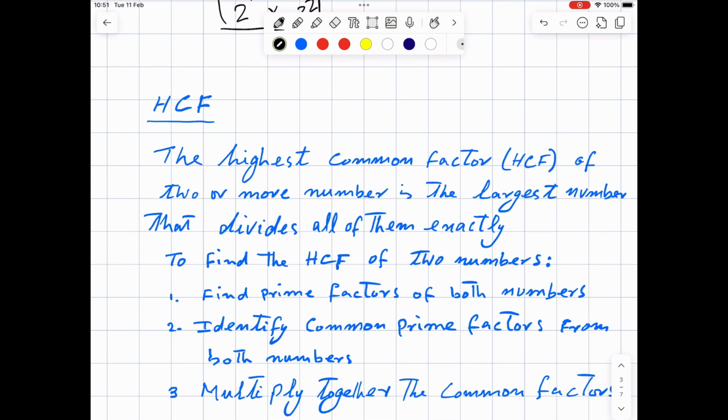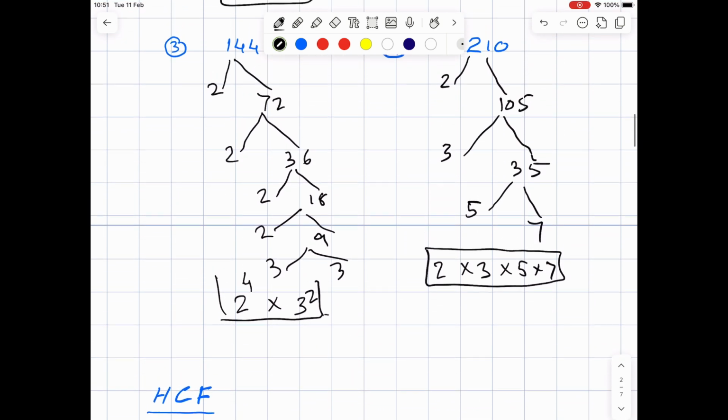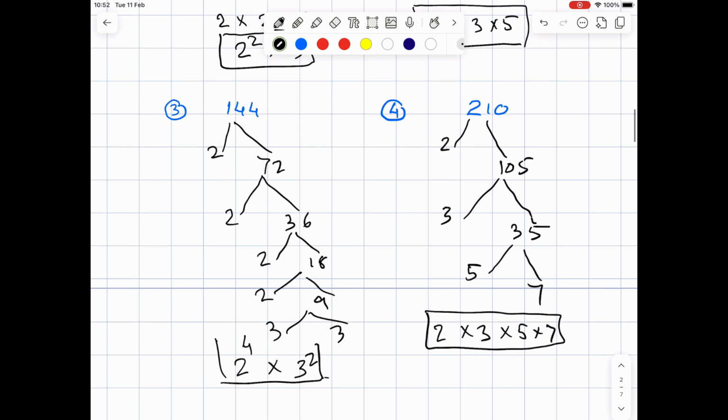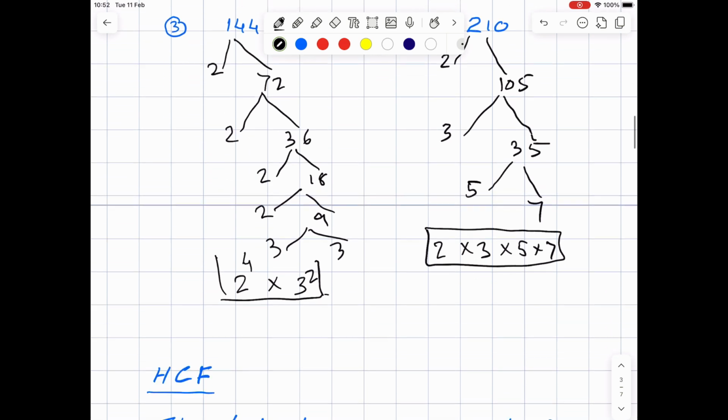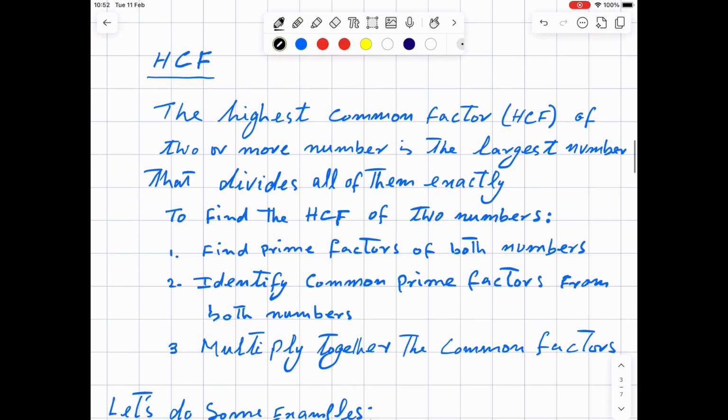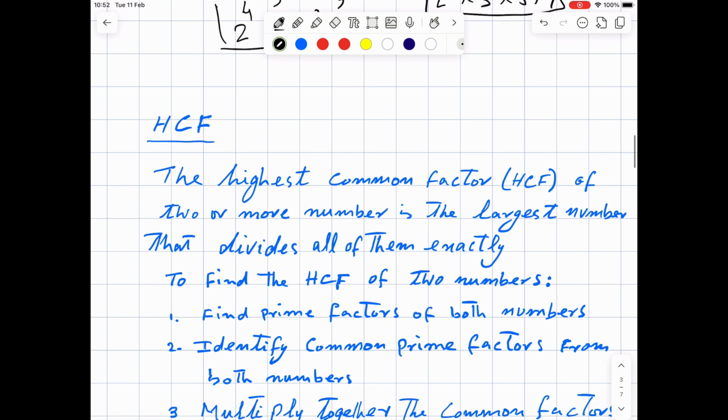Let's look at the highest common factor. The highest common factor, HCF, of 2 or more numbers is the largest number that divides all of them exactly.